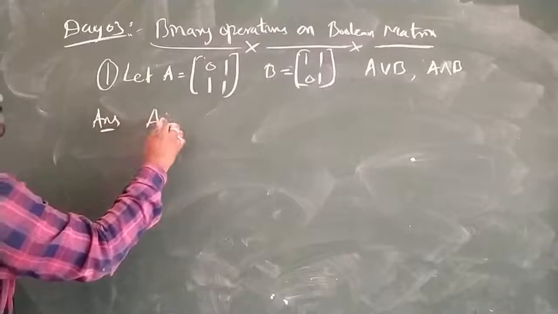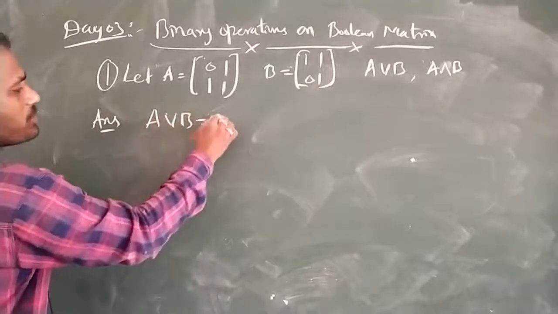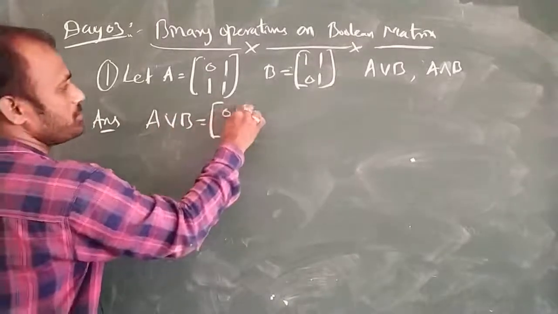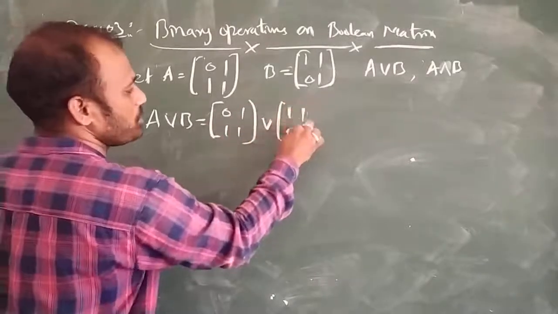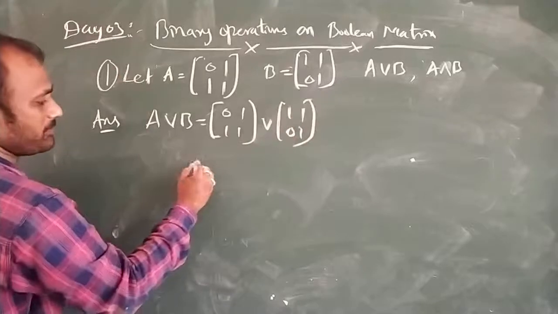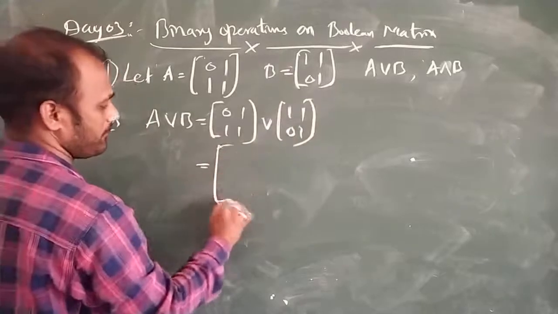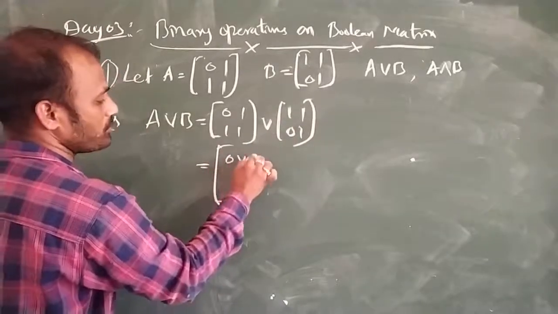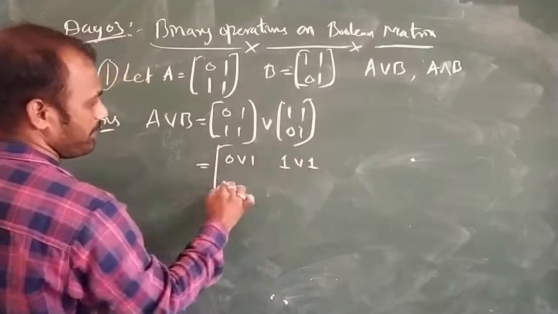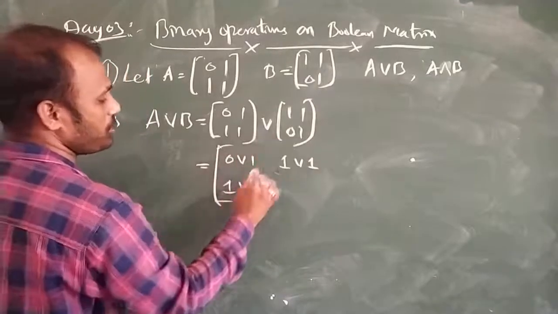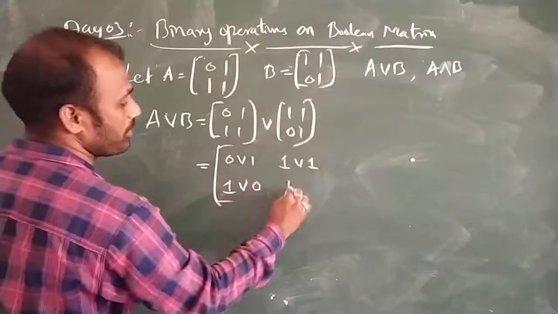If I want to find the join matrix, A join B, that is [0, 1; 1, 1] joined with [1, 1; 0, 1]. So this can be done as 0 join 1, 1 join 1, and 1 join 0, next 1 join 1.